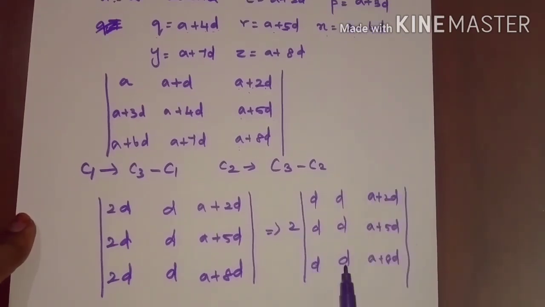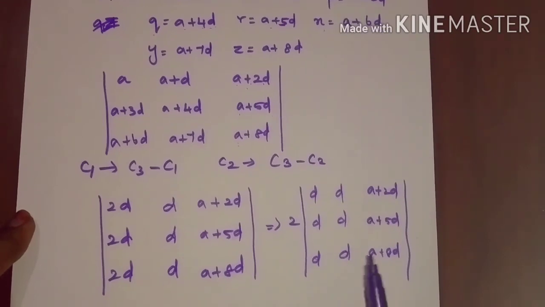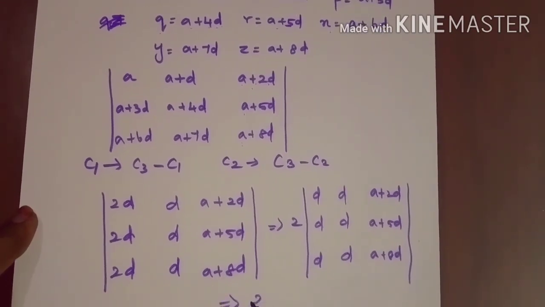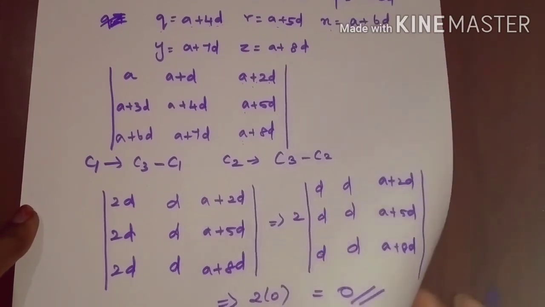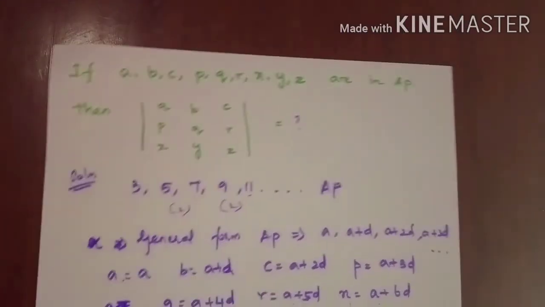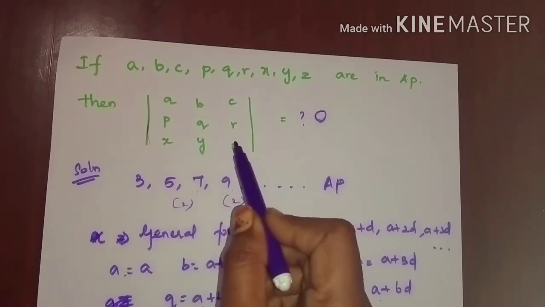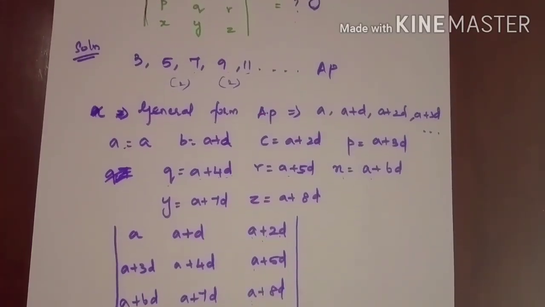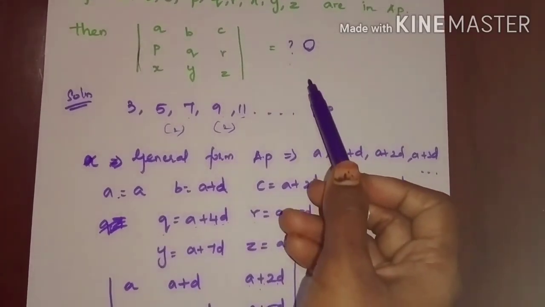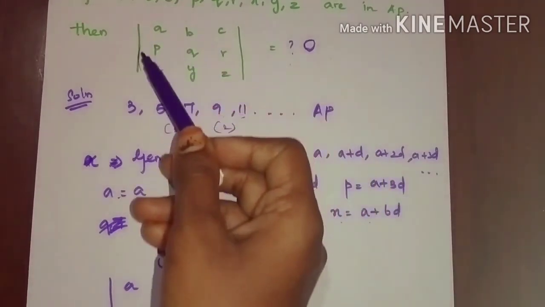These two columns are identical, and according to the properties of determinants, if any two rows or columns are identical, your determinant value would be 0. Laplace expansion value would be 0. So your determinant value is 0 here. So 2 into 0 is 0. This is the value of the determinant asked in the problem. The elements in the determinant are in the AP. After doing Laplace expansion, we will get the value as 0 for an AP sequence of numbers.